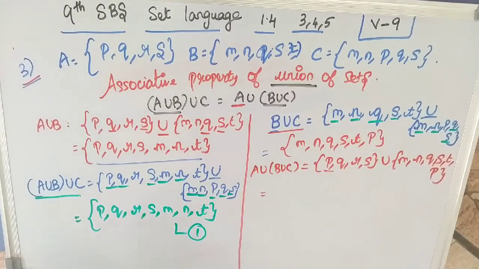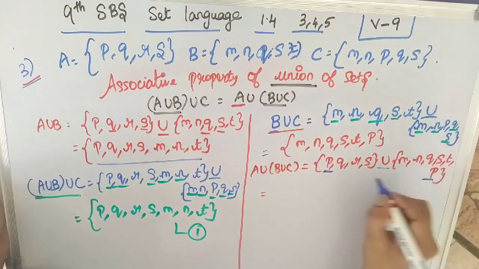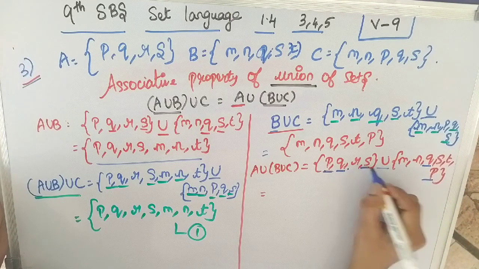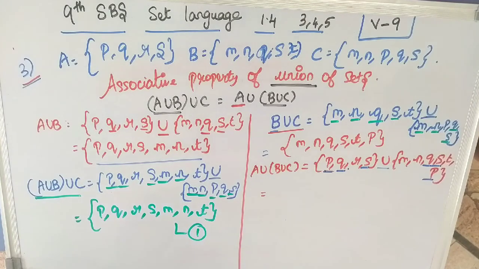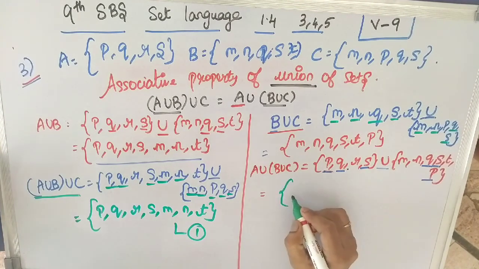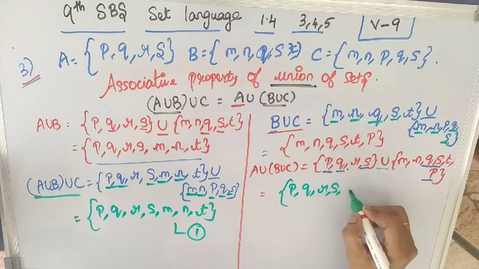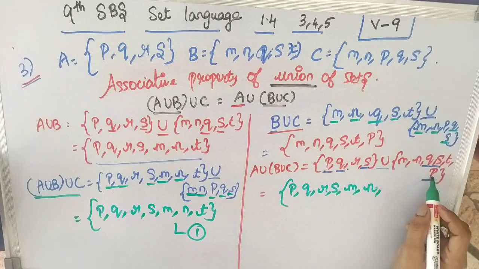How to find union? We write all the elements in both the sets and common elements only once. What are the common elements here? P, Q and S. We write all the elements in both the sets and P, Q, S only once. So what is A union (B union C)? P, Q, R, S, M, N, T.